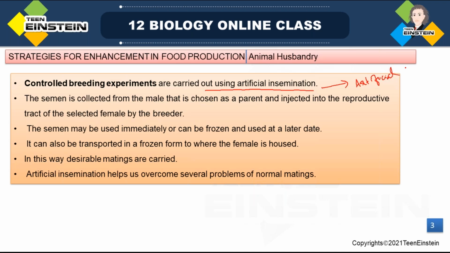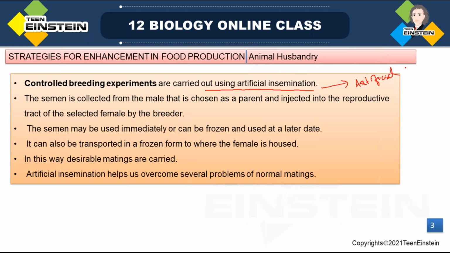In the frozen form, it can be taken from one place to another. In case the female animal is housed elsewhere, we need to take the collected semen from one place to another for injecting into the reproductive tract, right? For that purpose, they keep it in a frozen form.